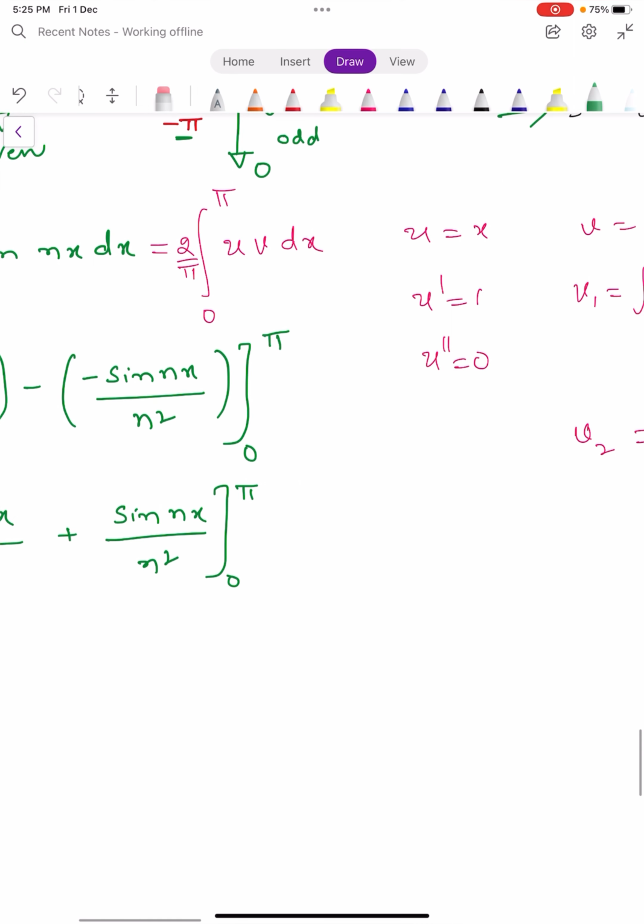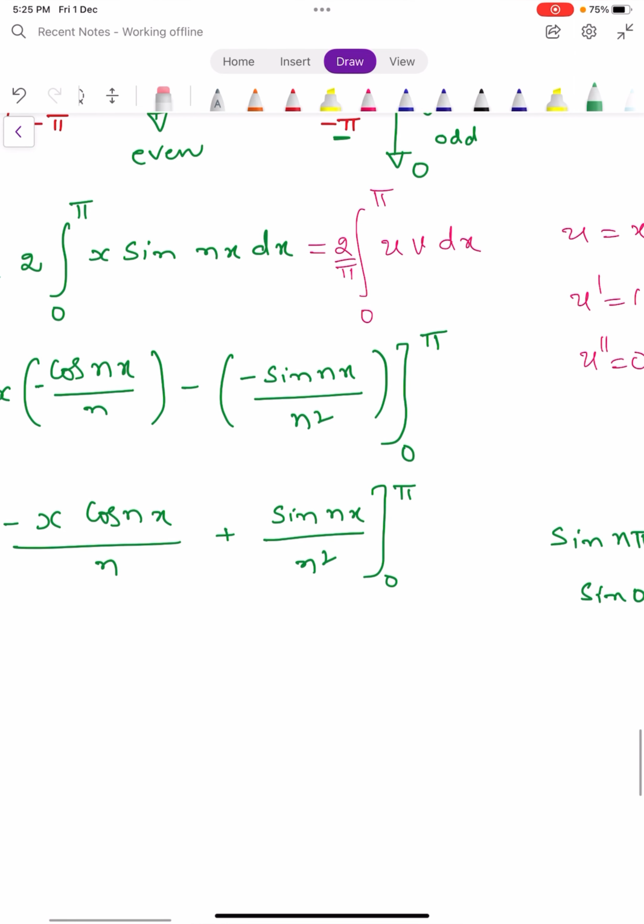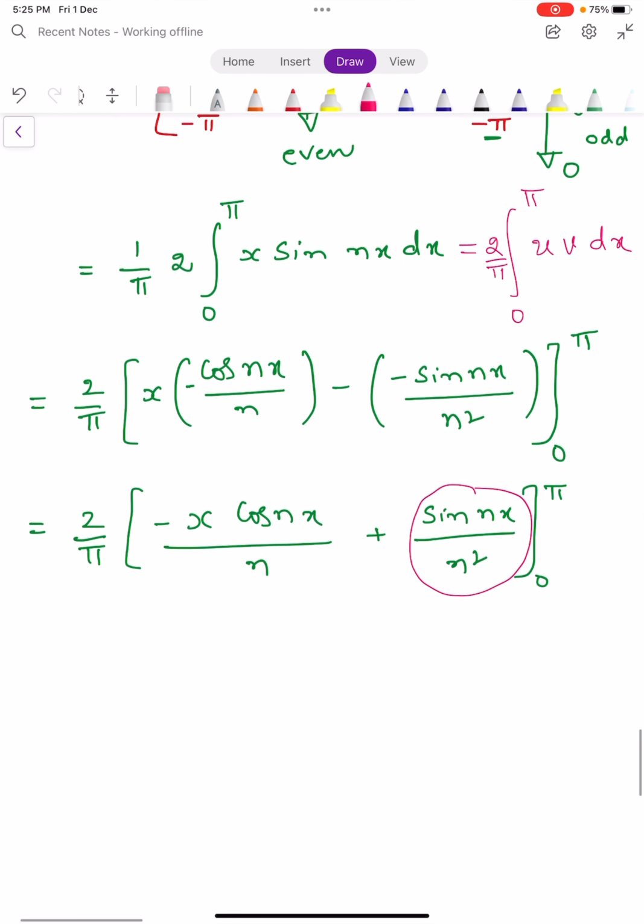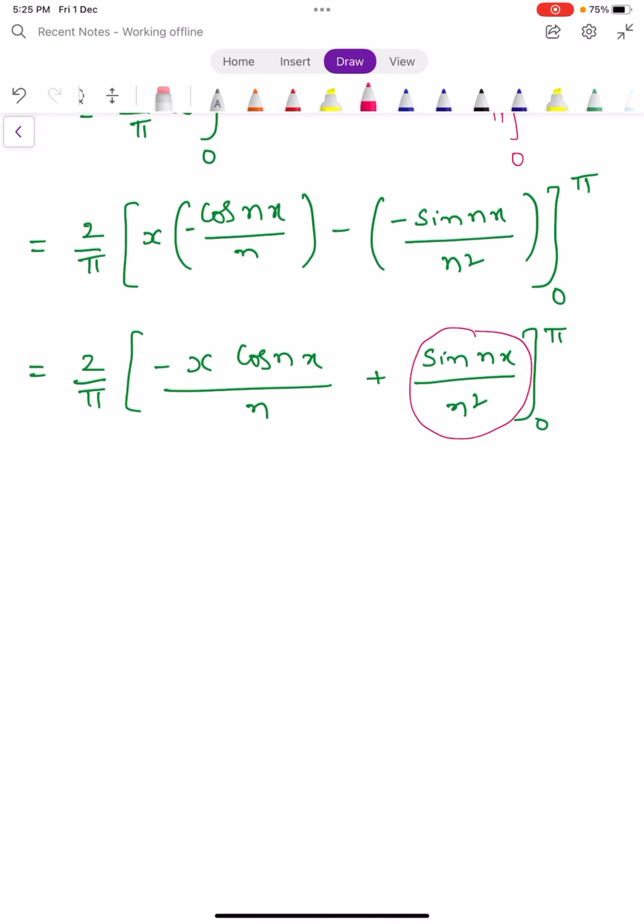We know that sin n pi is equal to 0 for all integers, and sin 0 is also equal to 0. So all of the second term must be 0, and we use only the first term. In the first term, you observe 2 by pi, minus pi cos n pi divided by n.